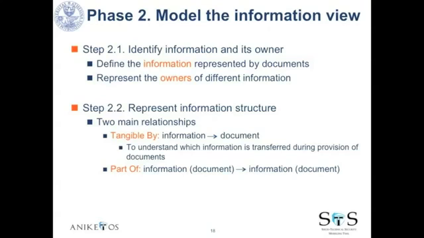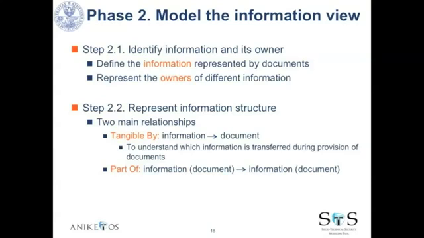And apart from that, in the information view, we also keep track of the information structure by means of two main relationships. Tangible by: the first one is important because we keep track of which information is made tangible by which document.